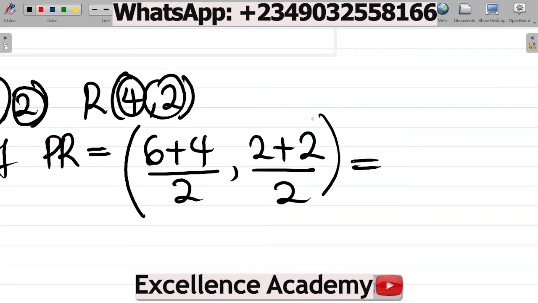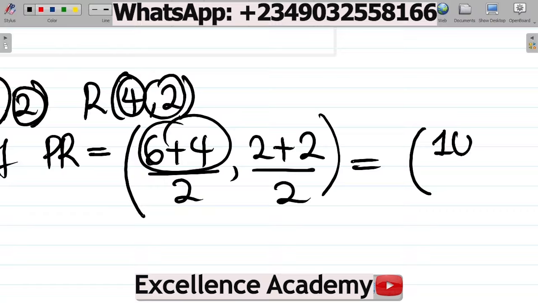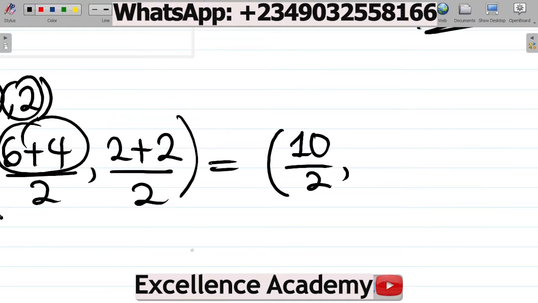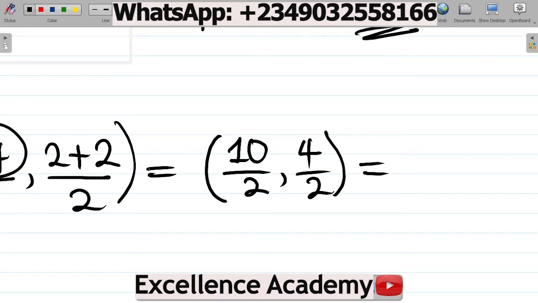For the first part, 6 plus 4 is 10, over 2 gives you 5. Then 2 plus 2 is 4, over 2 gives you 2. So the value there is 5, comma 2.